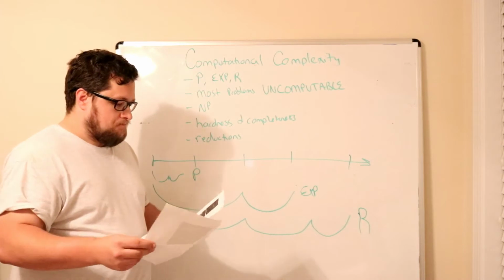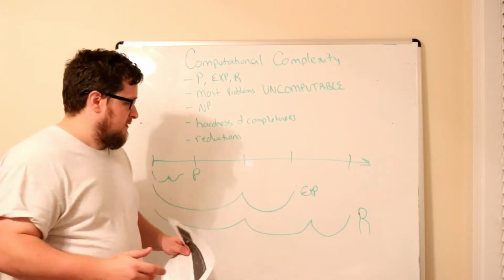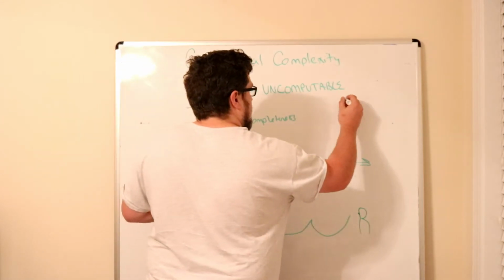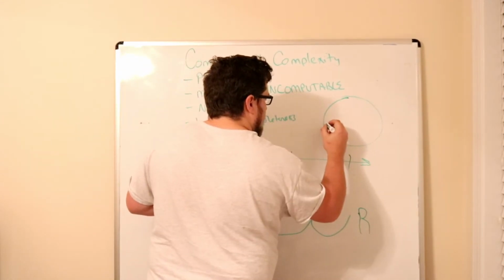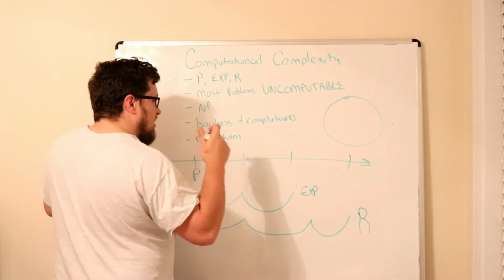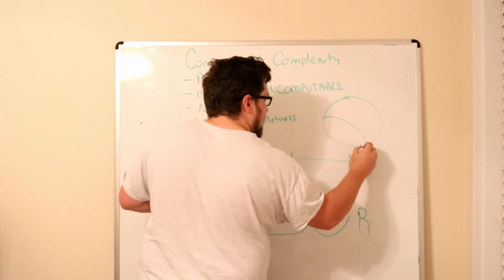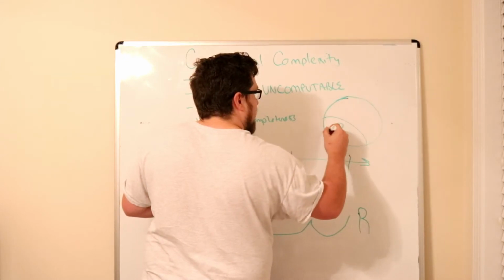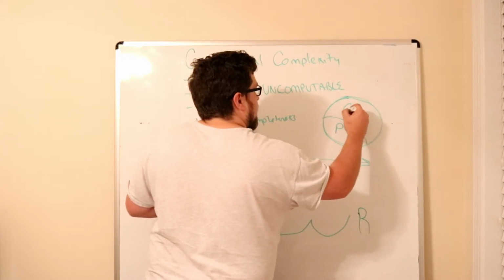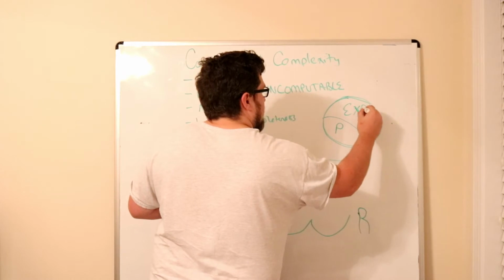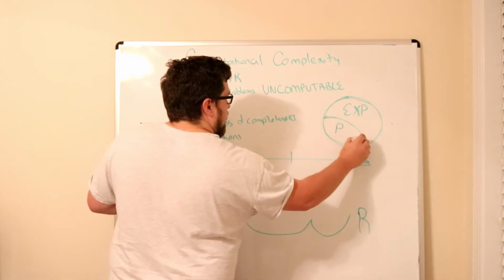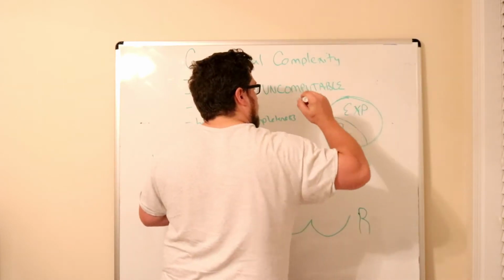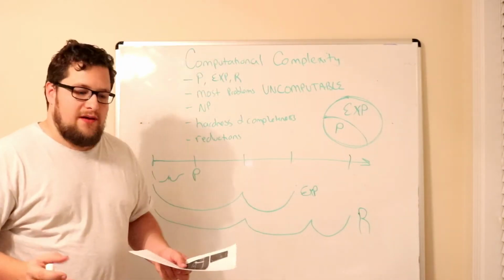So another way to look at that is if we were to take a circle and draw, maybe 1/3 of this or something, and say this was P, but this whole thing is exponential. So you can kind of see that this becomes a subset of this, and then this is an even bigger circle around that. Hopefully that makes sense.